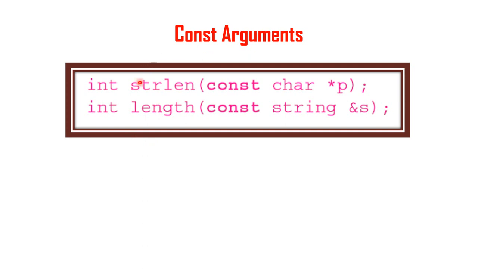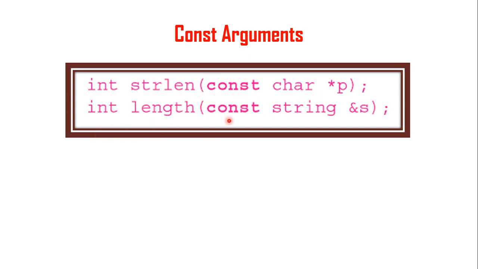You can see here that string length is a function, and it uses a constant argument. This constant is nothing but the pointer value. Through this pointer, it's going to take the constant string value into the program and make use of it. But this p will never change.